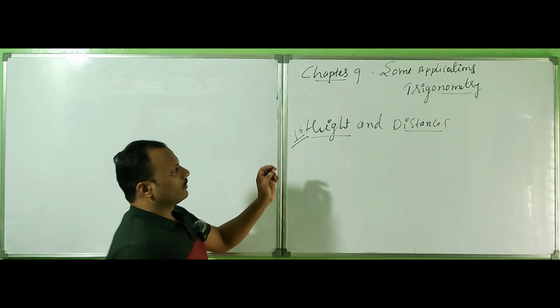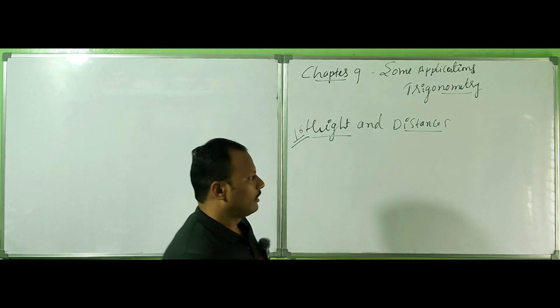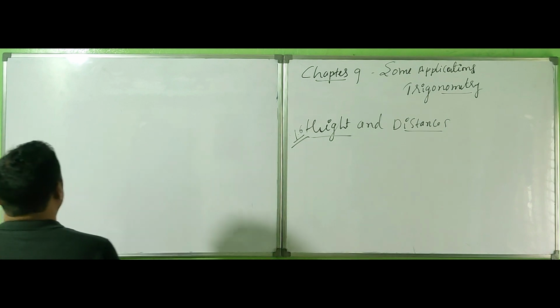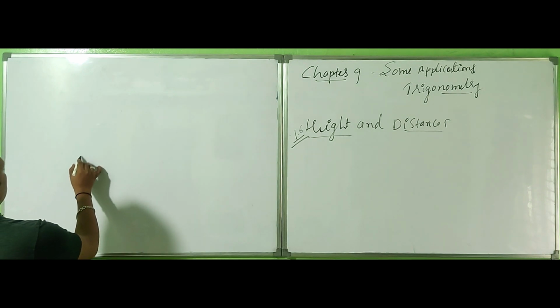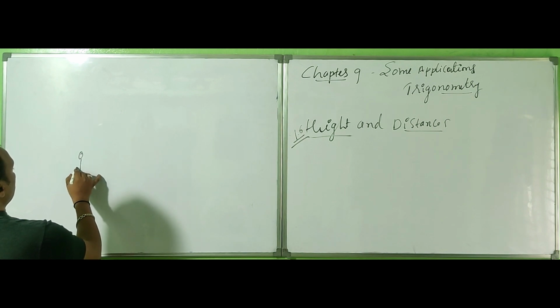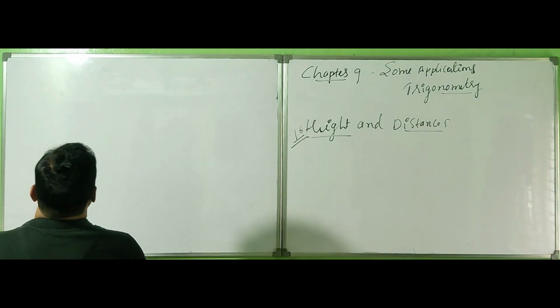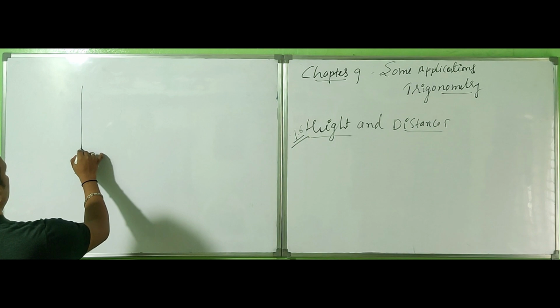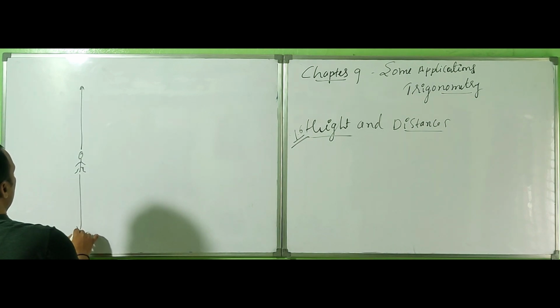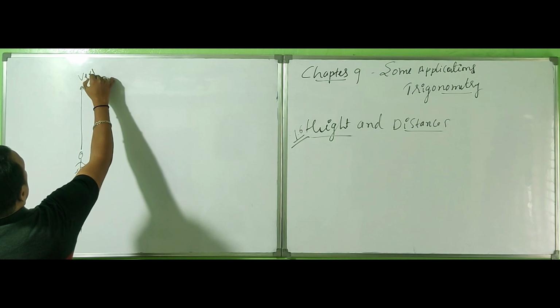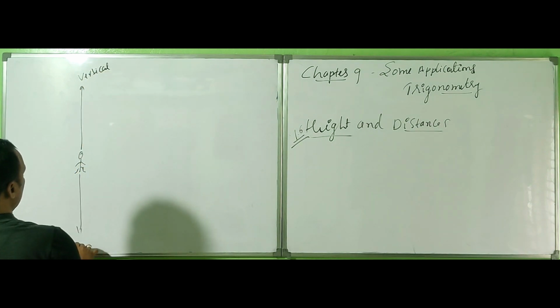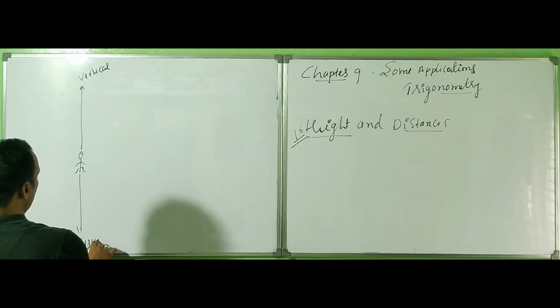In height and distance, we have some technical names. Let's see the concepts. You are the person standing here. These are the upper limbs and these are the lower limbs. The upper and lower side is called the vertical position, or vertically up and vertically down.